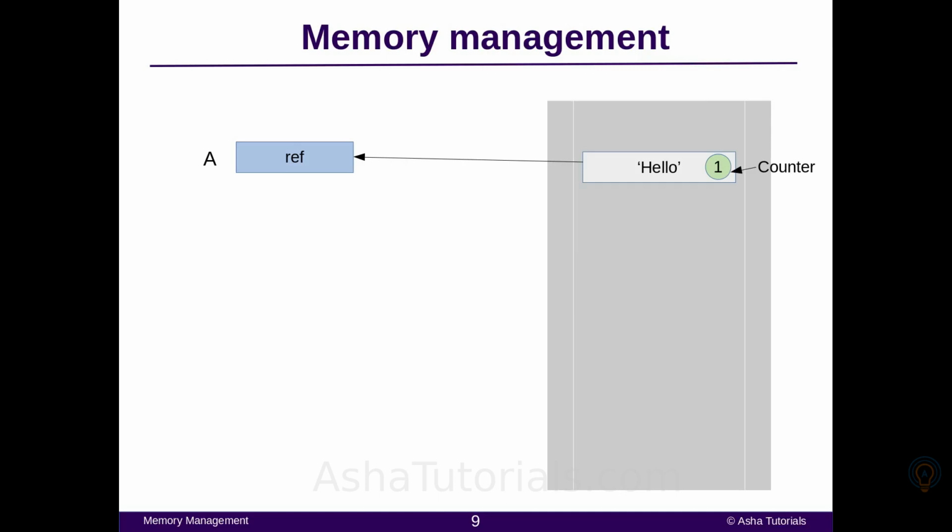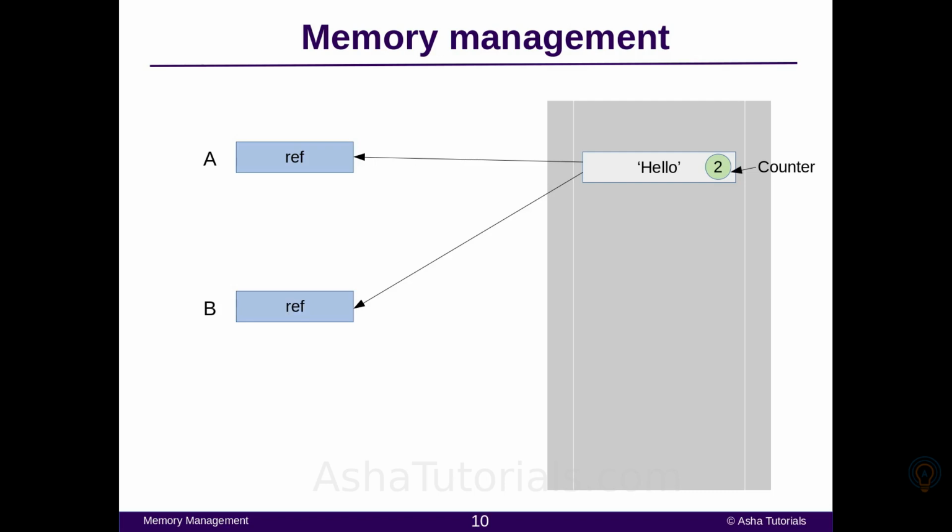When creating an object with a certain value, it will also create a counter which is initialized with 1. So when assigning a equal to hello, it will create an object and a counter initialized to 1.